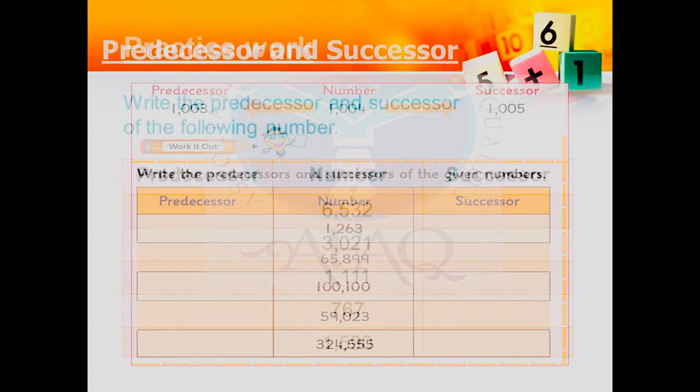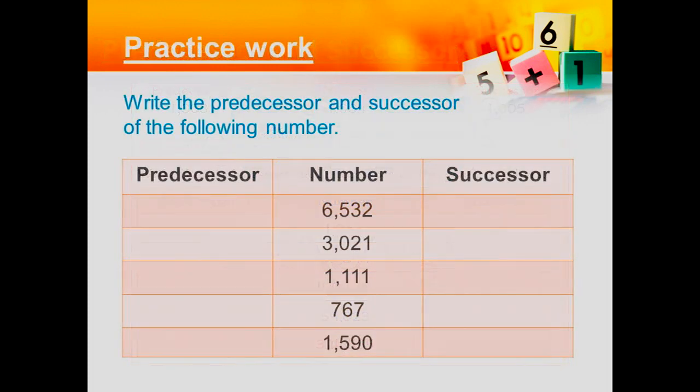Now moving to the next one. Here you have numbers and you have to write the predecessors and successors of the following numbers. You have a number 6,532. Then you have a number 3,021.